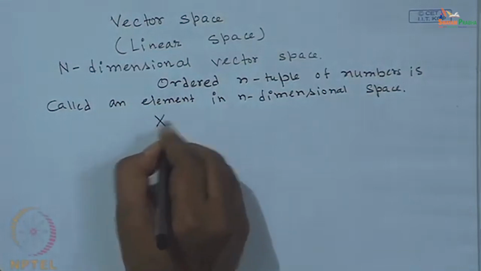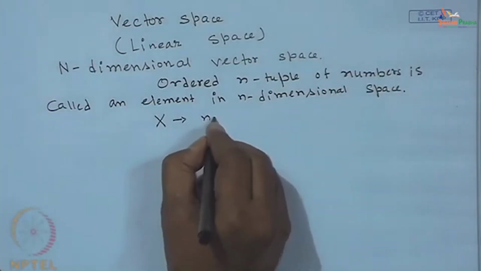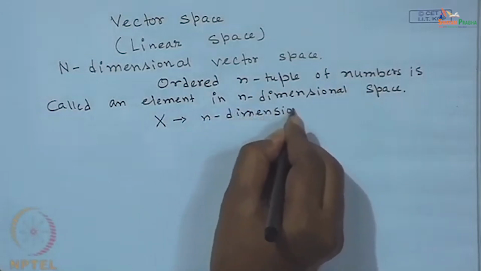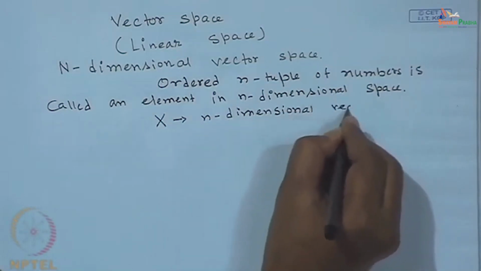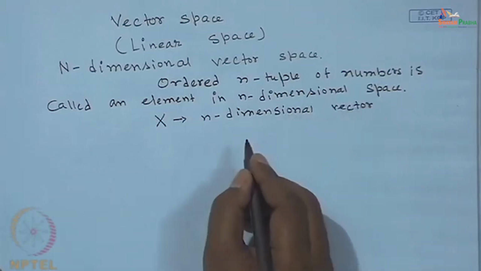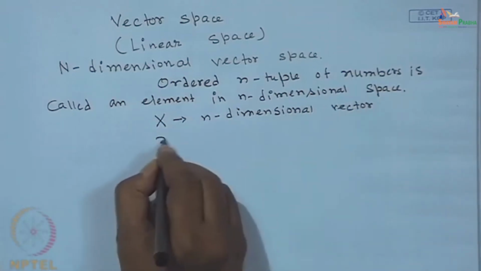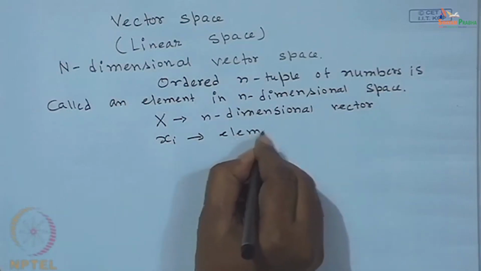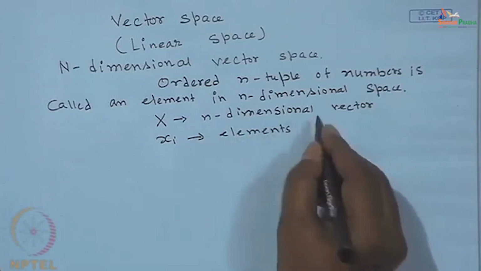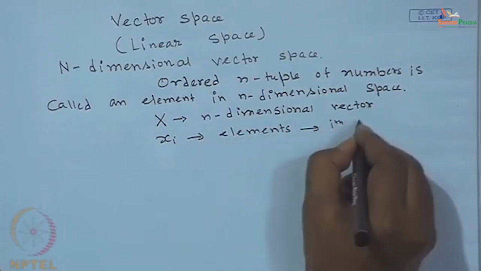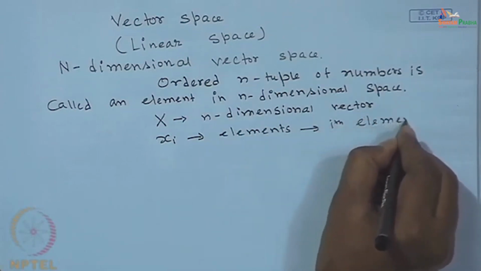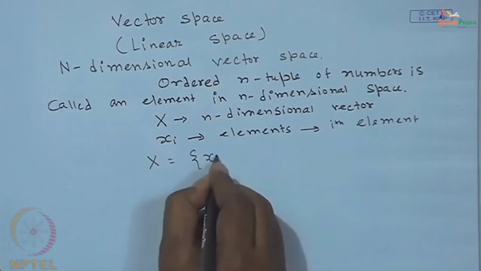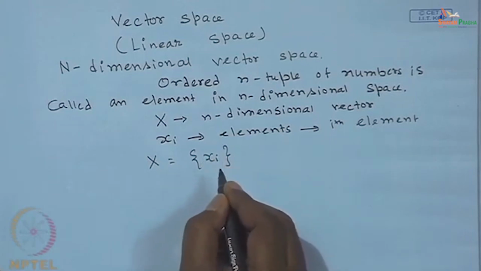The notation is: x is an n-dimensional vector. If x is an n-dimensional vector, then it will have the elements xi, small xi's. So, xi's are the elements and xi is the ith element. We write x as comprised of a set of elements xi.